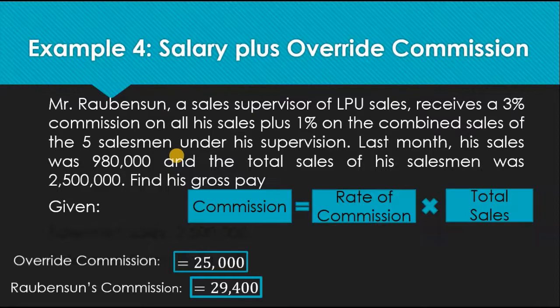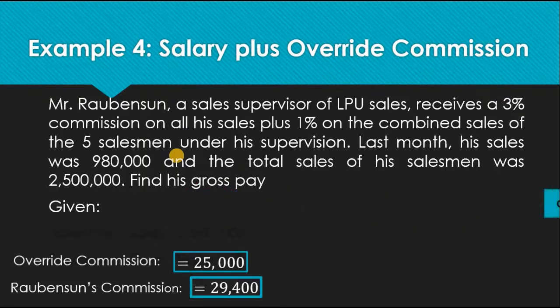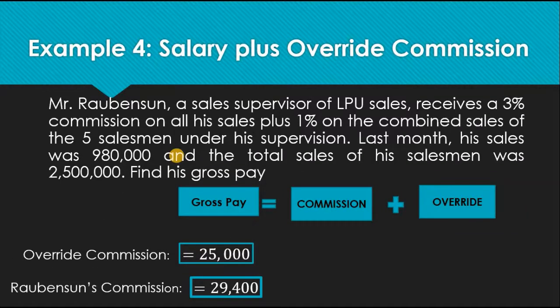From the first formula for the override commission, we have to add the commission of the sales agent plus the override commission from other salesmen. That's correct. I already have my own commission, $29,400, added to the override commission of other salesmen, $25,000.